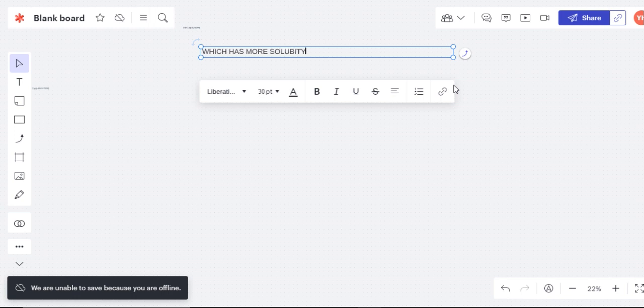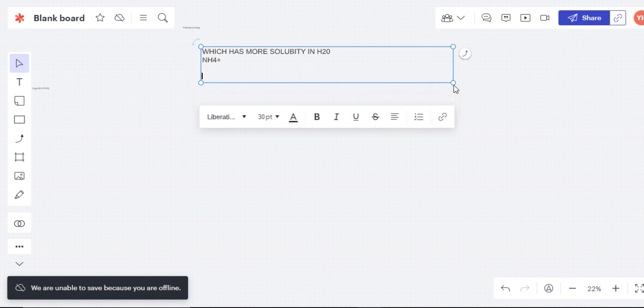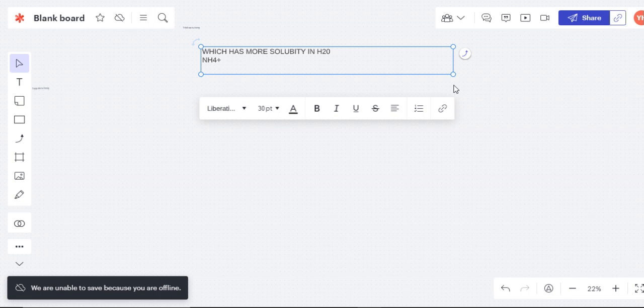Let me erase the complete board. So the next question arises: which has more solubility in water? And we have two options: one is NH4 positive, and the next one is Na positive.